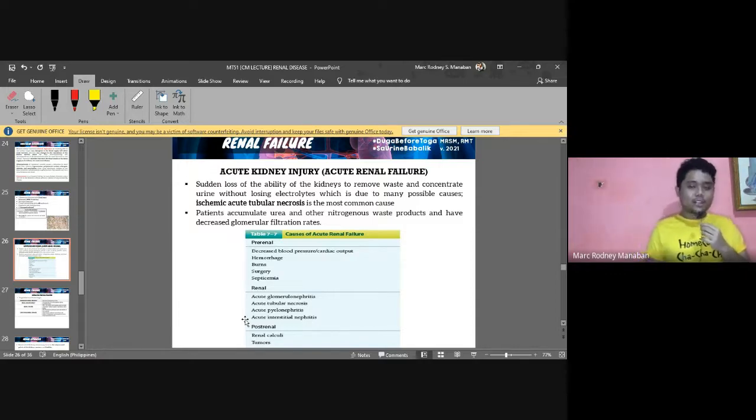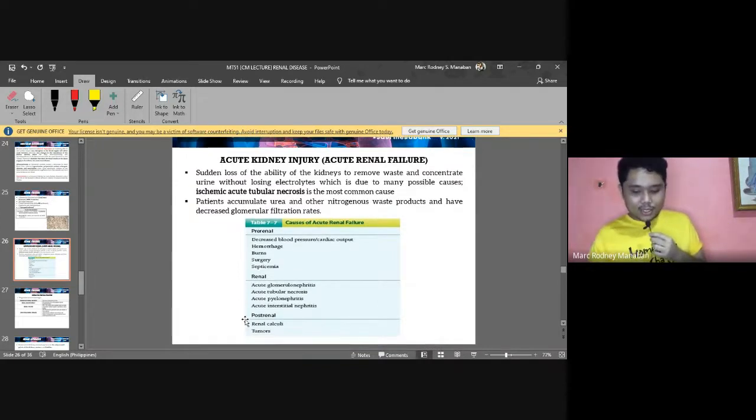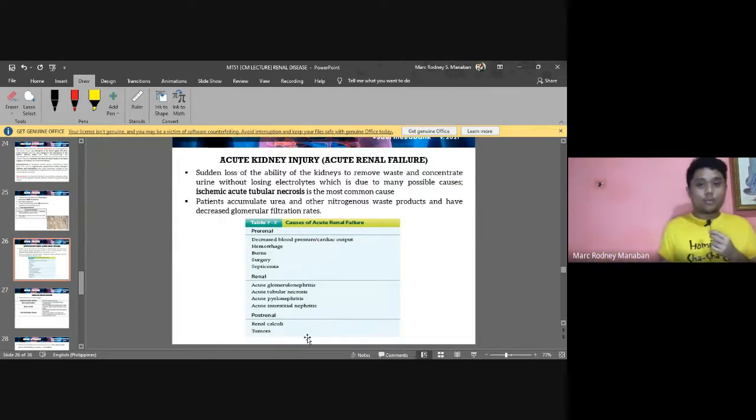So, there is accumulation of urea and of course, other nitrogenous waste products and decreased glomerular filtration rates. And again, what are the causes? Here are the causes. Pwede siyang pre-renal, decreased blood flow, hemorrhage, no? Septicemia. Renal, of course, AGN, ATN, acute tubular, acute pyelo, and acute interstitial. And post-renal, pwedeng renal calculi and tumors. Could lead to mga blockage in the blood flow.